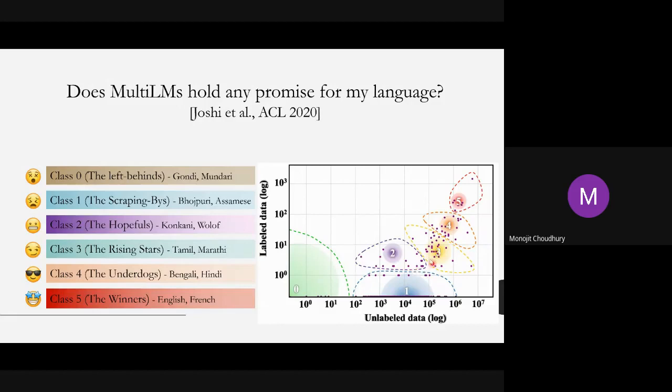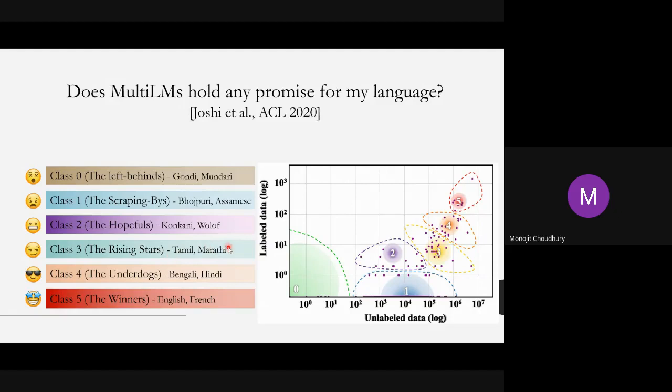And even if you have labeled data for some of these languages, you have not enough labeled data to test. So 0, 1, 2 are not benefiting. It's actually 3 and 4 which are getting benefited, and mostly 3, because 3 doesn't have labeled data, but they have enough unlabeled data to get the benefit. So that's why in our paper we call 3 the rising stars.